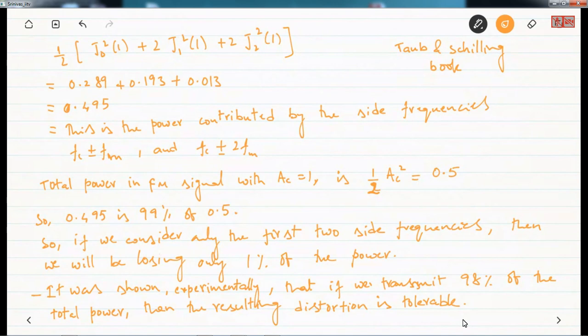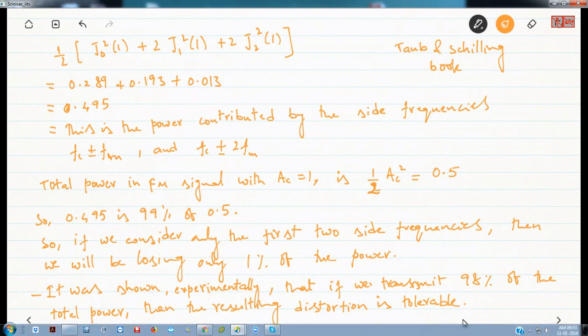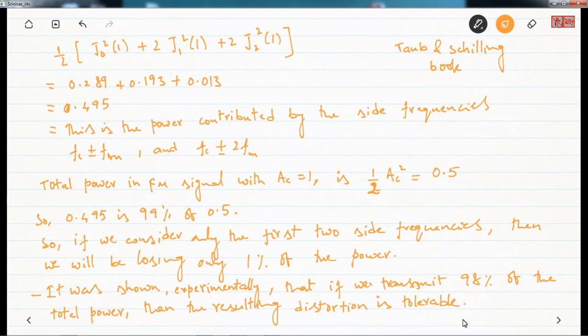So always you find the bandwidth that contains 98% of the total power, right? So hope you have made a note of it, and then I'll move on.